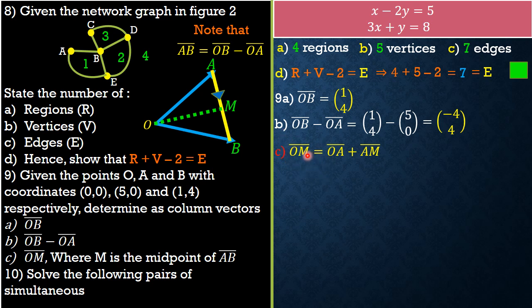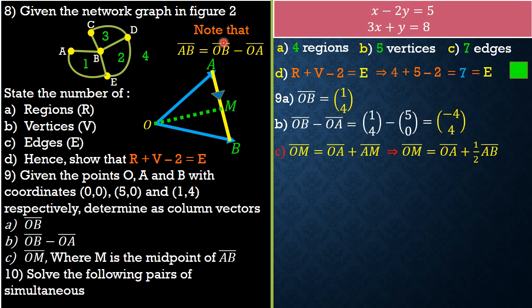But let's use the first case, saying that OM is equal to OA plus AM. But friends, what is AM? AM is simply half the distance from A to B. Since M is a midpoint of AB, AM has to be half the distance from A to B. So this translates into OM equal to OA plus half AB.